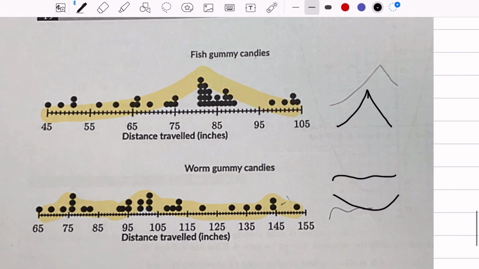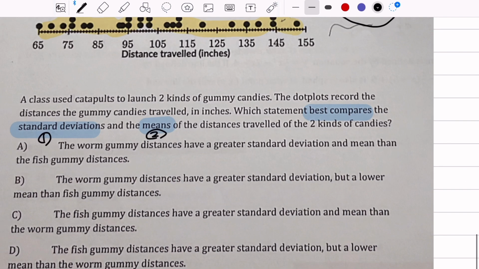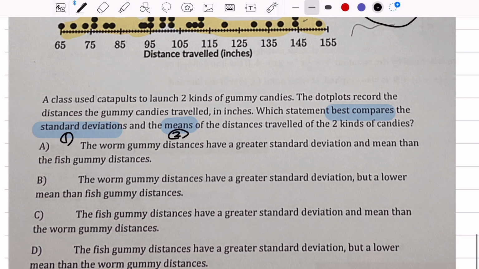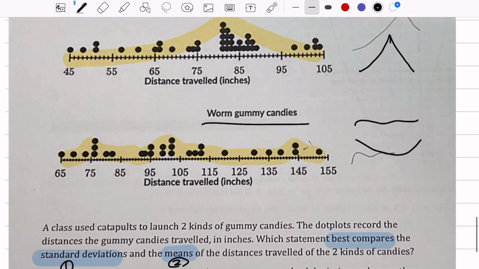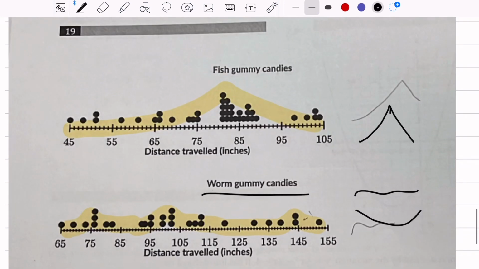So from this graph, we can see that the standard deviation is greater for the warm gummy candies. So the warm gummy has the greater standard deviation. Then C and D are eliminated. Then let's see the mean.